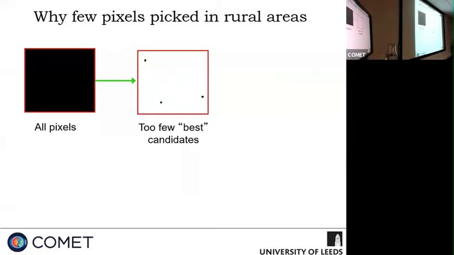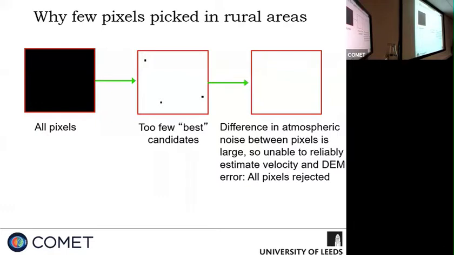If you have only very few pixels, this distance becomes very large, so that assumption no longer holds. The difference in atmospheric noise is so large that you end up with a lot of residual phase due to this atmospheric error. Then when you try to integrate it, nothing matches up, and you end up with no candidate pixels left, and that's it. You're basically done.